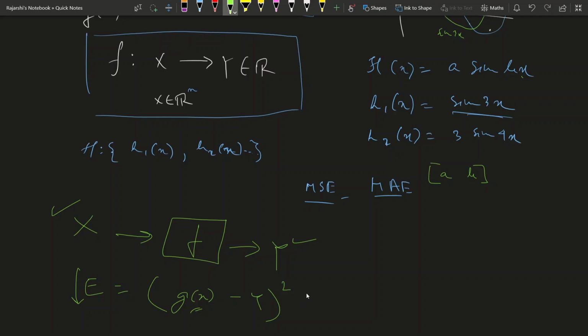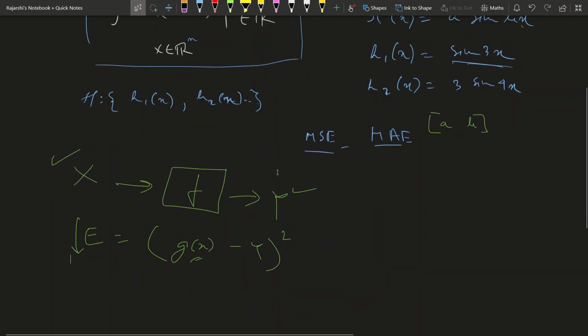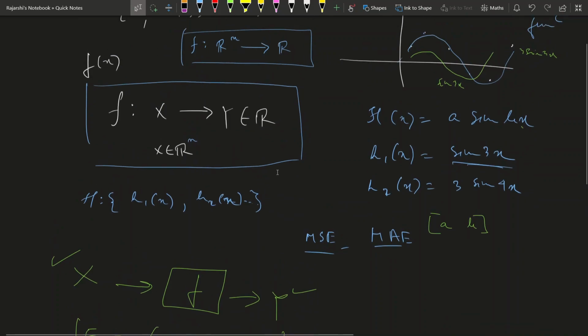In machine learning literature, this is minimizing the loss function, and for that you have some famous algorithms like gradient descent, then RMSProp, and then momentum, and then AdaGrad, and then the Adam optimizer. So ultimately, it boils down to an optimization problem. In the optimization problem, you change these A and B. If you change A and B, then you are just navigating through the hypothesis set.